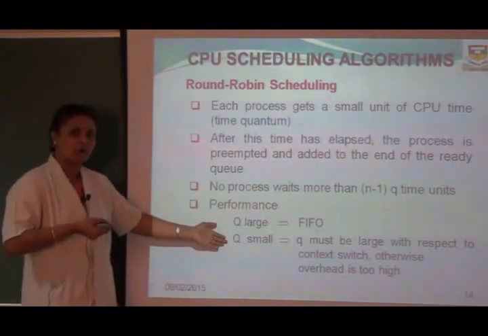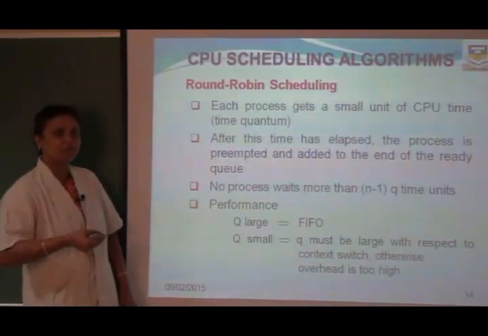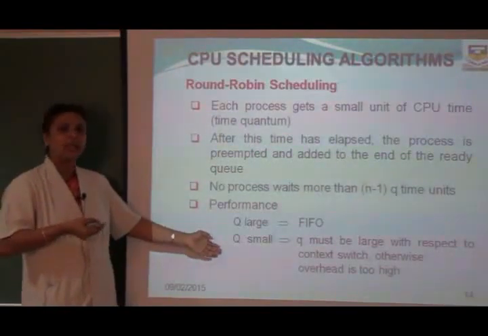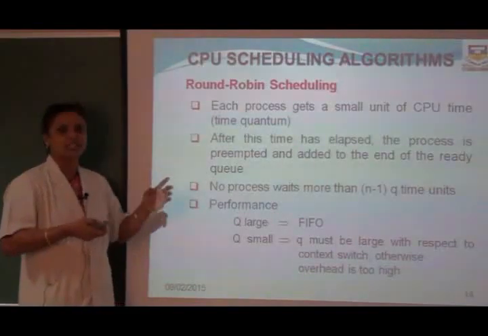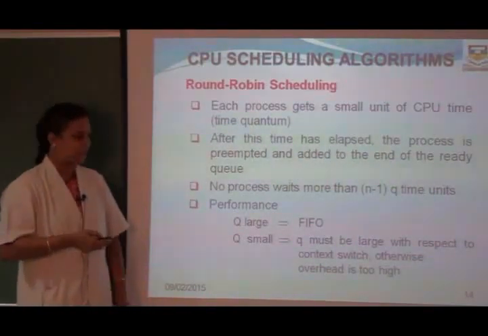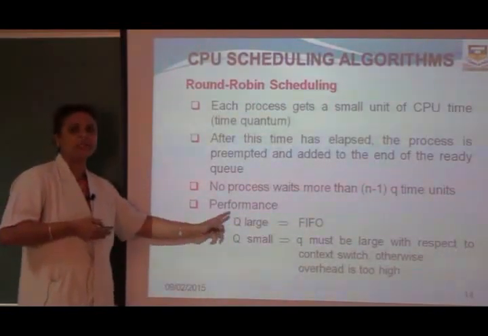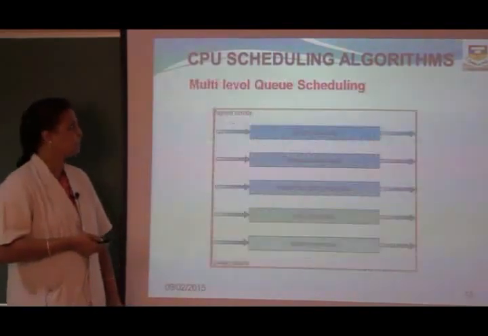If it is too small, the CPU will be moving periodically from one process to another, and definitely this is an overhead that will degrade the performance of the algorithm as well as of the computer. So selecting the time quantum is very important. It should be a moderate value, not too low or too high.